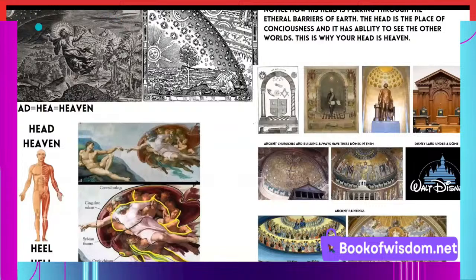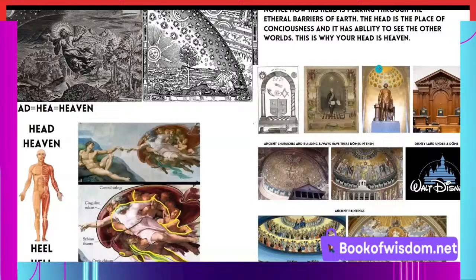Here you see another ancient picture with the Masonic Royal Arch, with the zodiac on the top, arching, because there's a firmament above us. Here's God in the brain. Consciousness is God. Here you see the Masonic Royal Arch, symbolizing the firmament. George Washington above the Masonic Royal Arch.